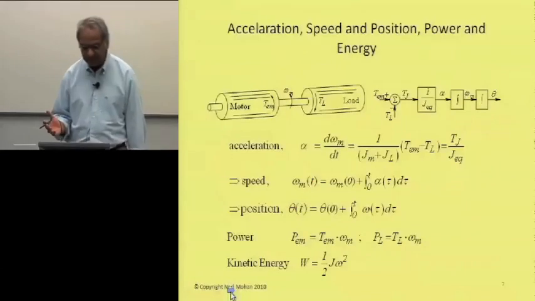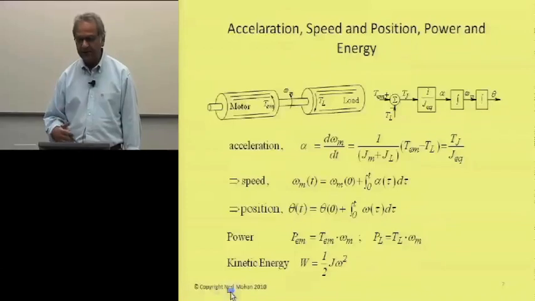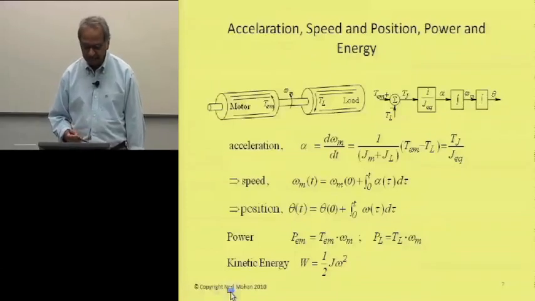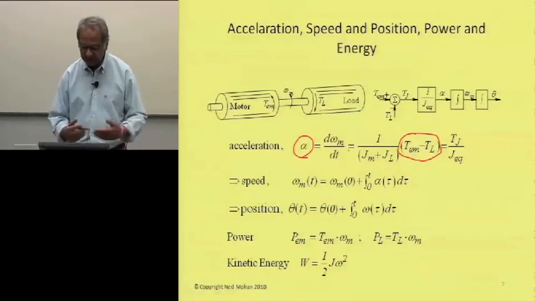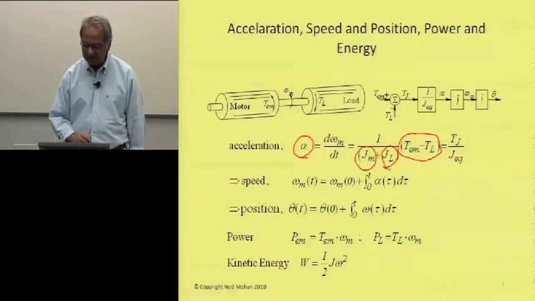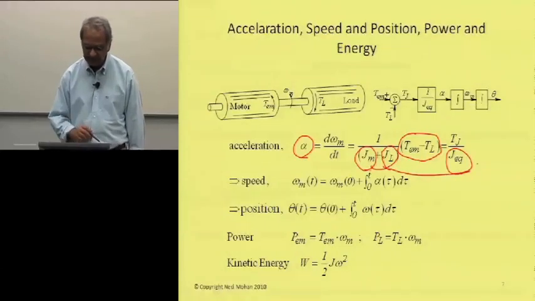So knowing that, we can see the relationship between torque, acceleration, speed, and position. In order to accelerate this combination of motor and load, to produce this acceleration, we apply this net torque, electromagnetic torque, minus the load torque opposing it, and assuming that it's coupled to a very stiff shaft, we can add the moment of inertia of the motor as well as the load, and let's call the sum of these two the equivalent inertia here.